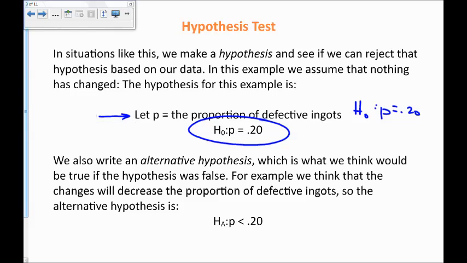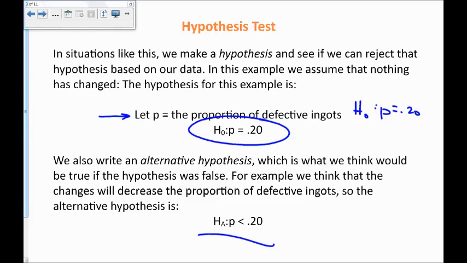Now we also write a second hypothesis, something called the alternative hypothesis. This is what we think would be true if the null hypothesis was false. Frequently this is what we're trying to prove is true. We want to show that the proportion of defective ingots has decreased from before, so we set that as the alternative hypothesis.